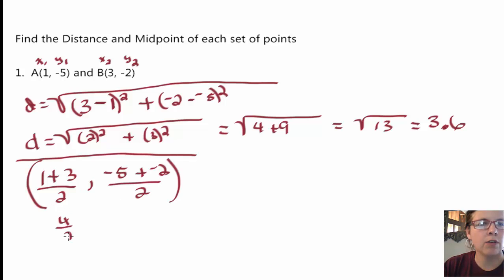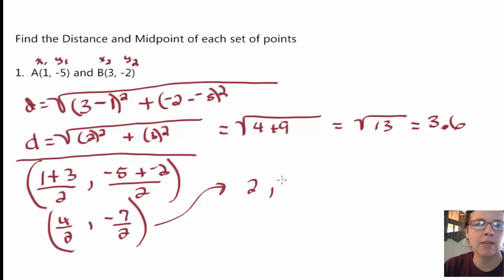So this is 4 over 2 and negative 7 over 2, which reduces to 2. And then you can leave it as negative 7 over 2, or you can say negative 3 1/2. So the midpoint of these 2 points would be 2, negative 3 1/2 on a coordinate plane.